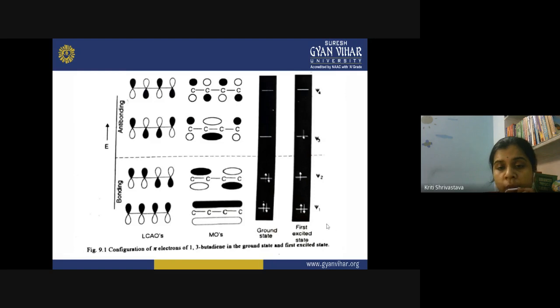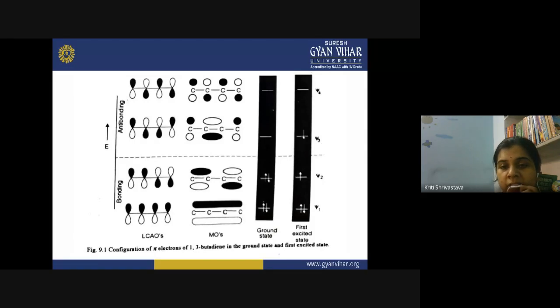So when you are providing photochemical energy, now which one is my HOMO? Psi 1, psi 2, psi 3, psi 4. Which one is the HOMO if the molecule is in the excited state? Psi 3 will be my HOMO.